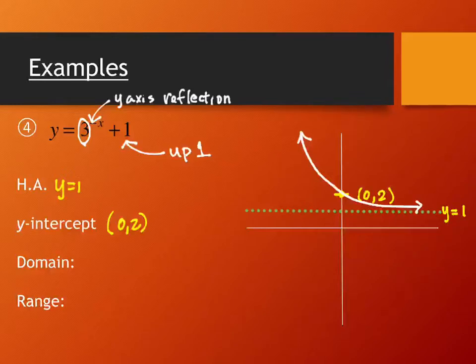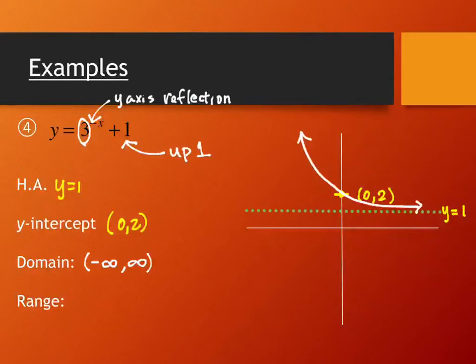Now, because I shifted things up and down, in this case up, it does affect something. Does it affect the domain, or does it affect the range when I shift it up? The range, because the range is my y values, right? So my domain is the same. I can go far to the left, I can go far to the right.